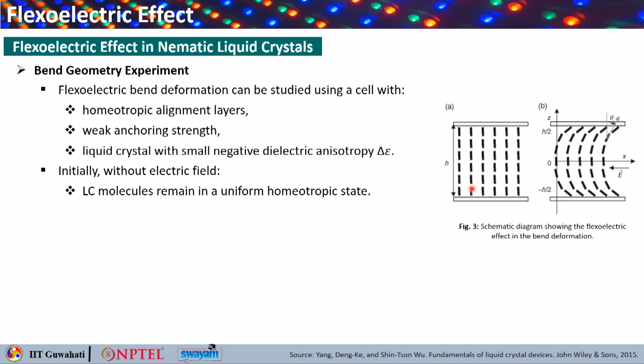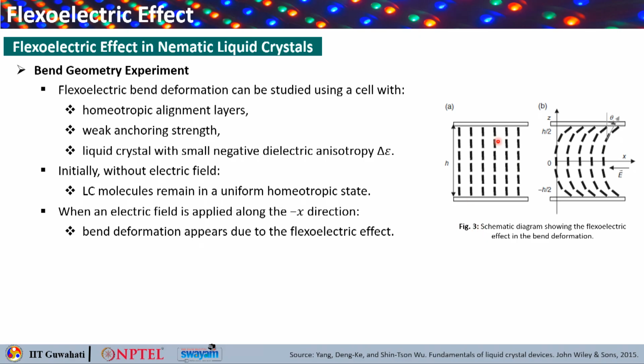Initially, without any electric field, the liquid crystal molecules remain in a uniform homeotropic state. This is your x-axis, and now let us apply an electric field along the minus x direction like this. The height of the cell is h, so this is the center 0, and this is h by 2.